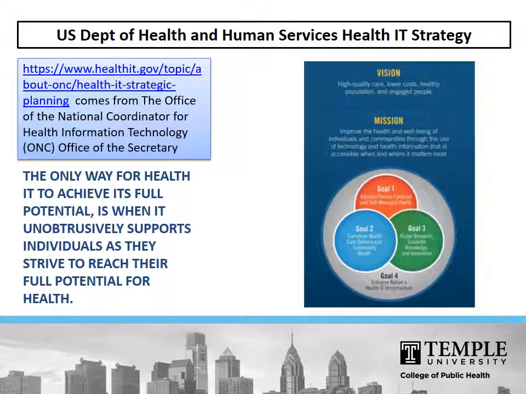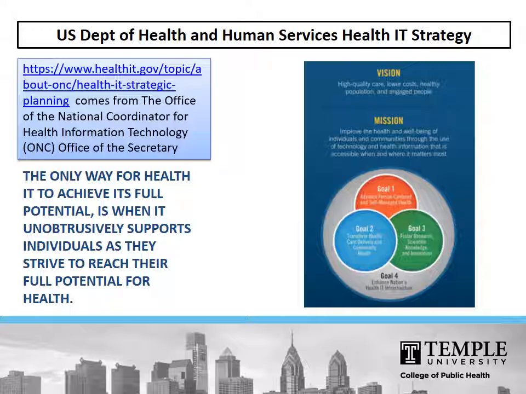The U.S. Department of Health and Human Services has a health information technology strategy. The link is here. You can go out to www.healthit.gov. And this strategy comes from the Office of the National Coordinator for Health Information Technology, otherwise known as ONC, Office of the Secretary. And the only way for health IT to achieve its full potential is when IT unobtrusively supports individuals as they strive to reach their full potential for health.